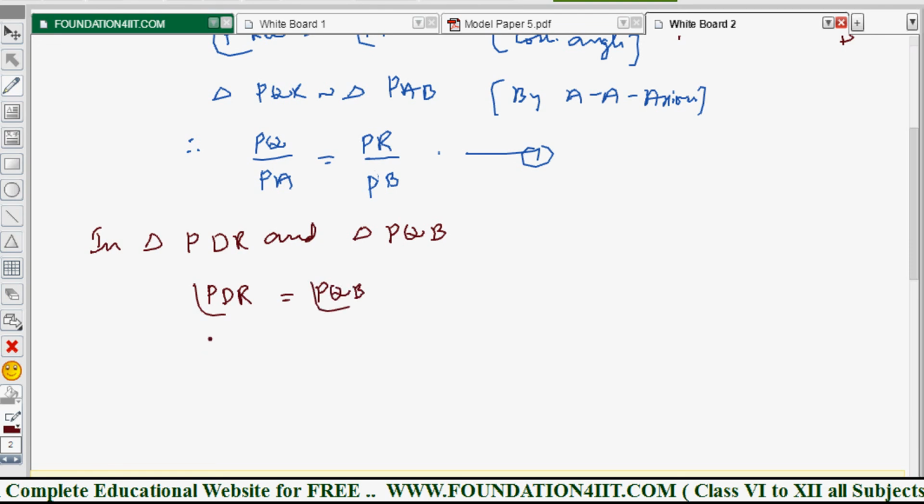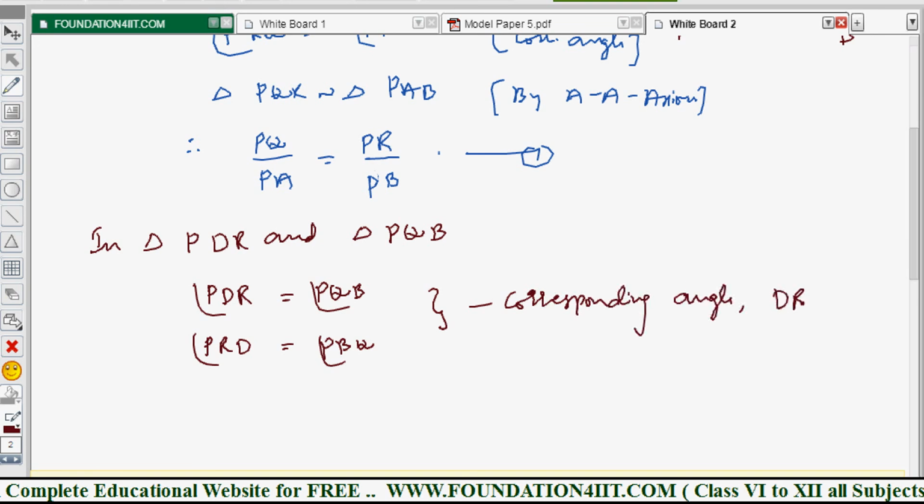At the same time, angle PRD is equal to angle PBQ. These two angles are the same because of corresponding angles, since DR is parallel to QB. This is the given.